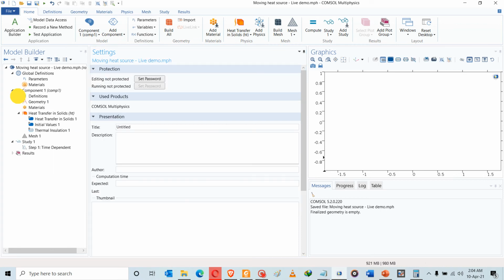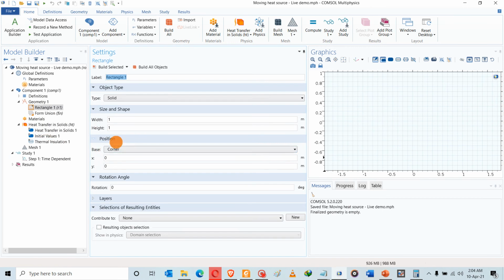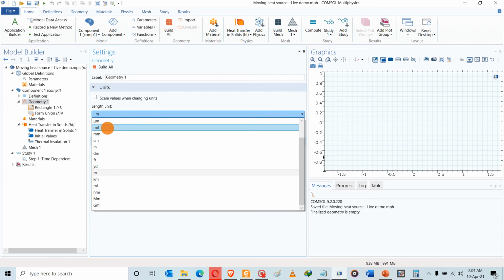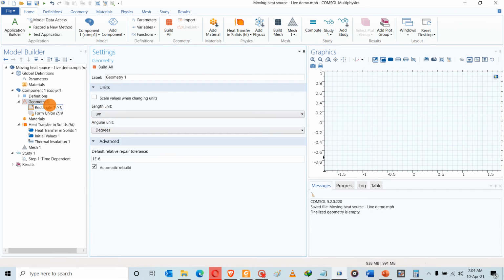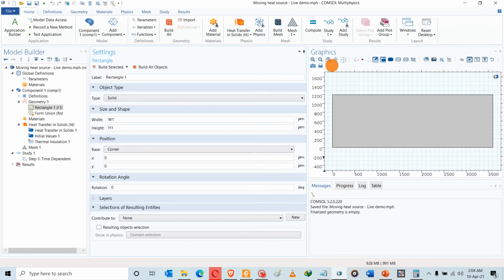Right, I'm going to move forward and create a geometry. Geometry, right click. We want to put in a rectangle, and if we click on geometry, everything is in micron. So we set this: the width is W1 and the height is H1. Build that, this is what we have.